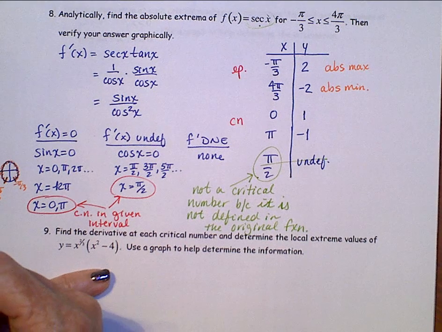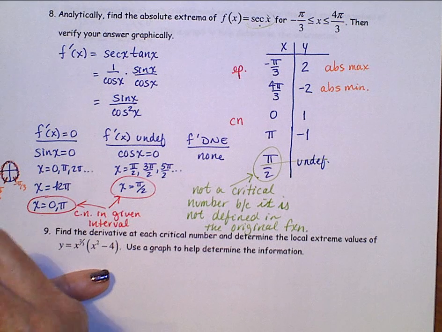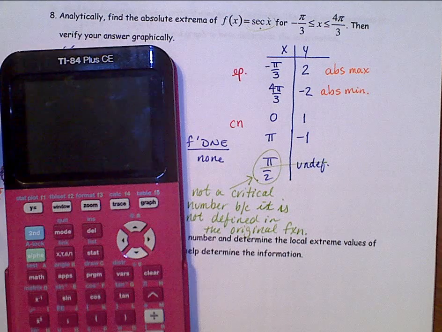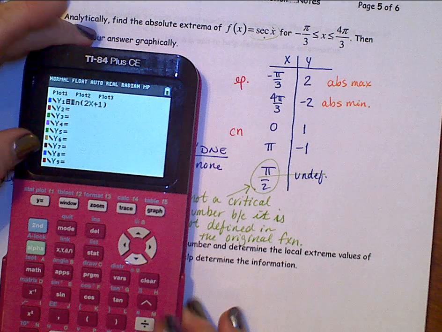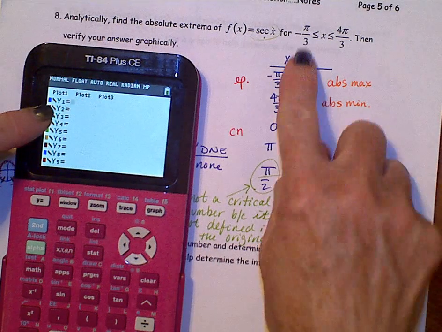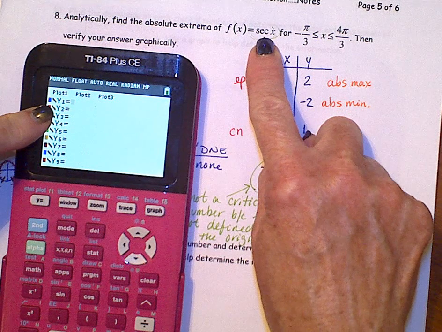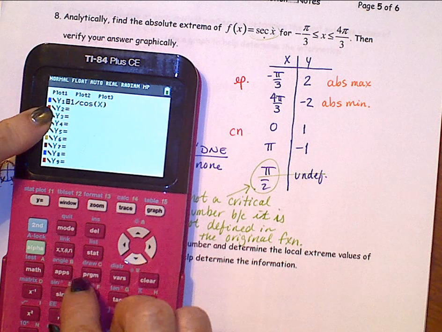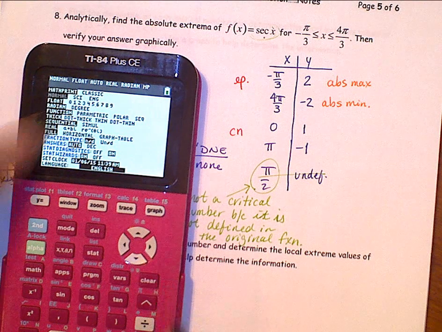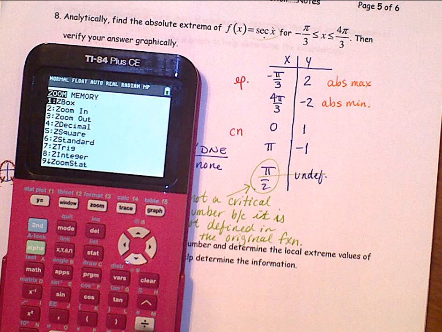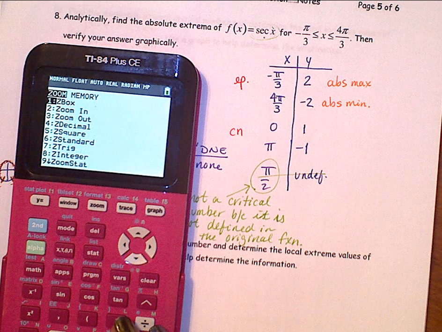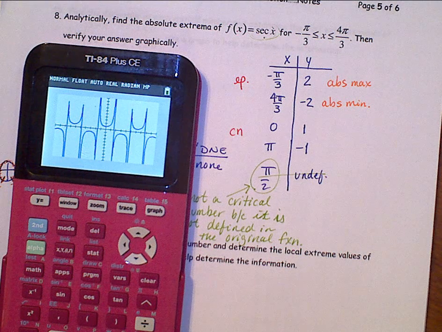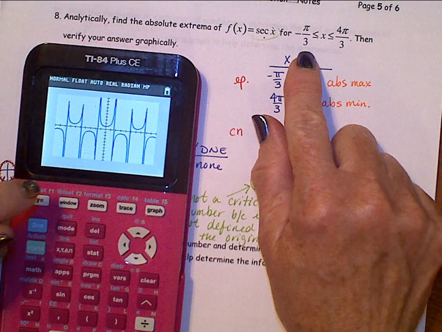All right, now let's verify this answer graphically. Oh, let's use a calculator for this one. Let's do secant. It's 1 divided by cosine. Make sure you're in radians. You are. Zoom. We'll go zoom 6. Yikes! Holy mackerel. Let's drop this down a little bit here.